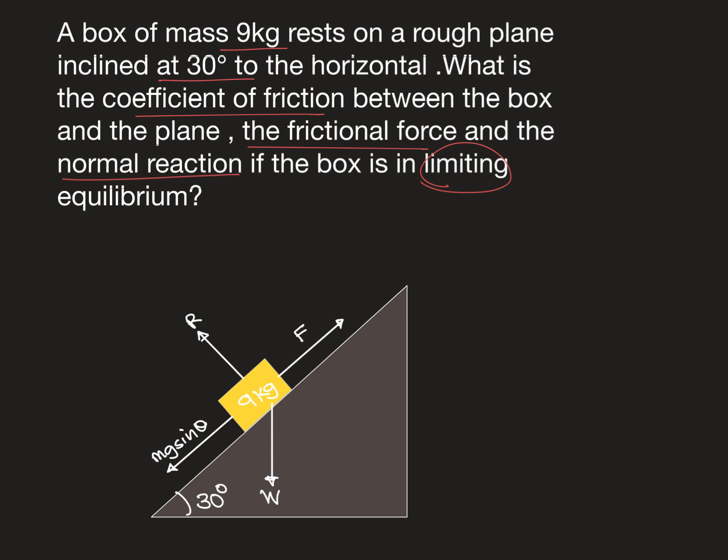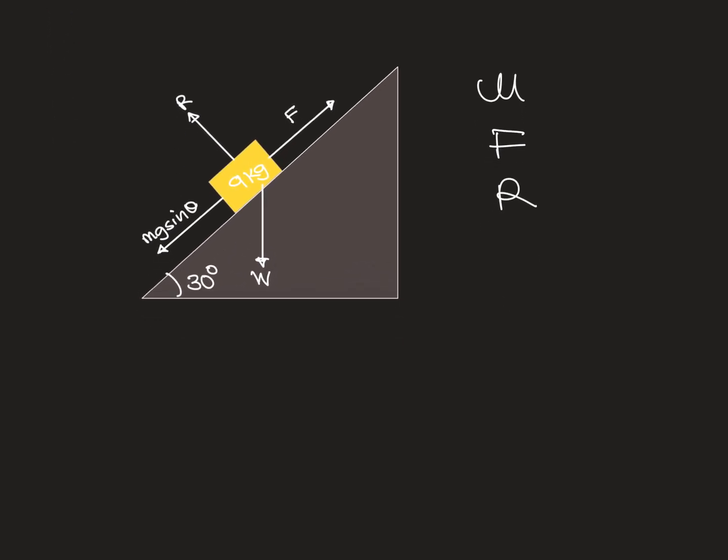So we want to know the coefficient of friction, the frictional force, and the normal reaction. That is what we want to find. We have already proven that for a body that is in limiting equilibrium, the coefficient of friction is equal to tan theta.